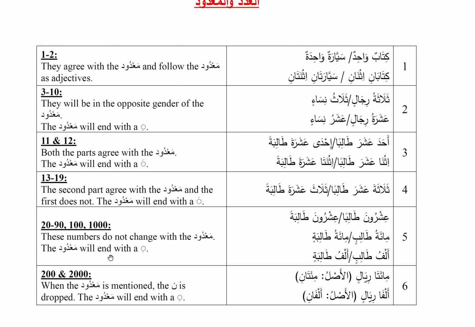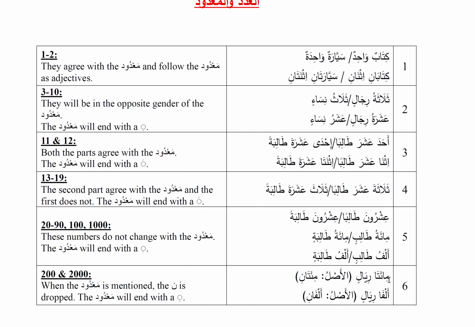Now here it says the ma'dud ends with the kasra. That is actually for mi'a and alf. As for 20 to 90, it's going to be fatha. Now this is for 200 and 2000. What happens is that we will remove the noon. Like for example, when you want to say 200, it is mi'atani.